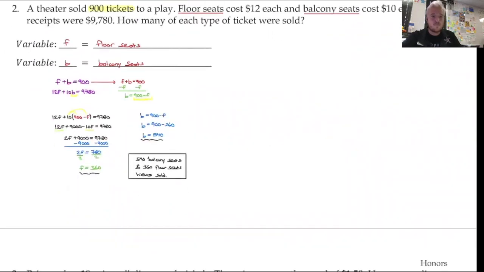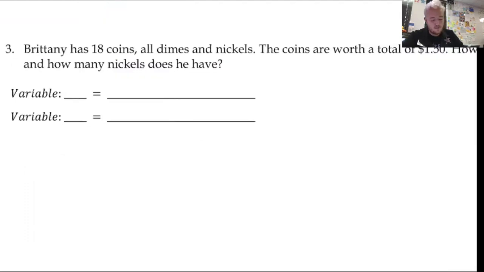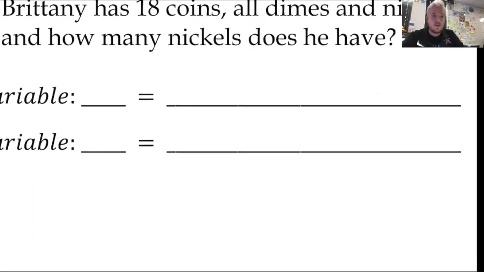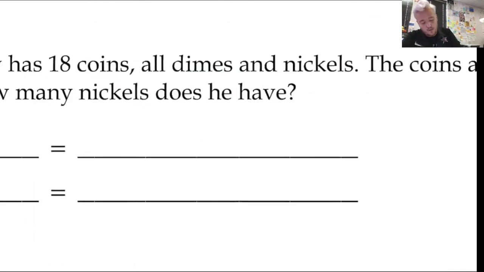So number 3. Brittany has 18 coins, all dimes and nickels. The coins are worth a total of $1.50. How many dimes and how many nickels does she have? They tell us that the coins Brittany has are all dimes and nickels.